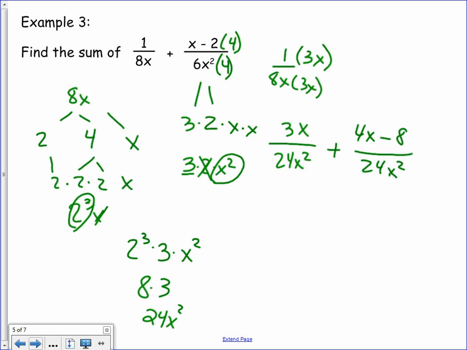Now we'll add the numerators. So 3x plus 4x minus 8. Okay, which will give us 7x minus 8 over 24x squared. And that's all we can do. Okay, so that would be our answer. Okay, nothing else that we can do for this one.